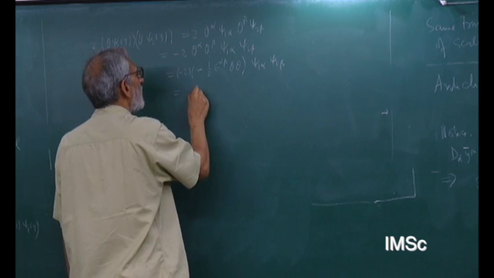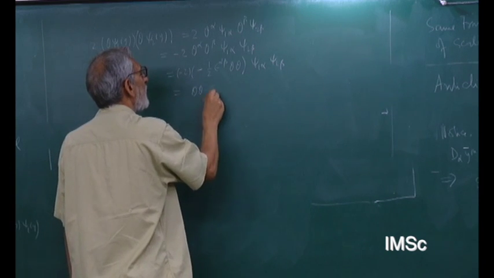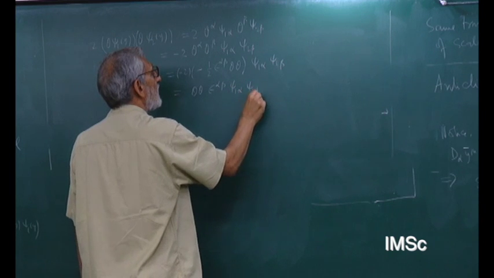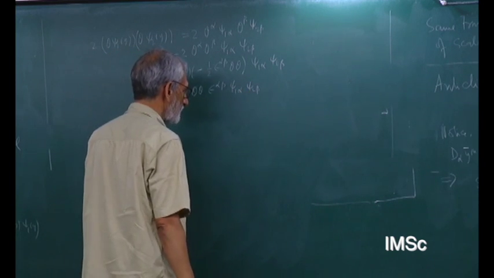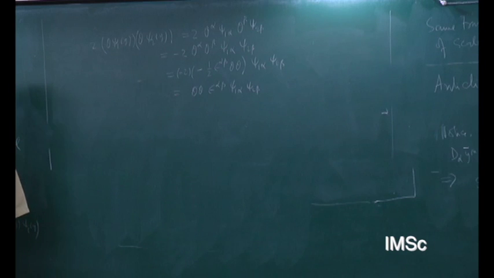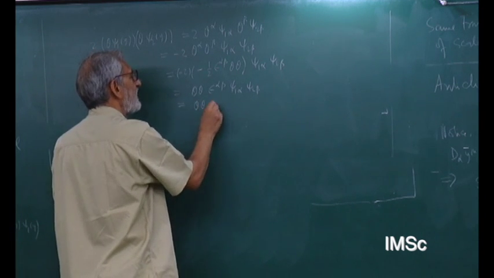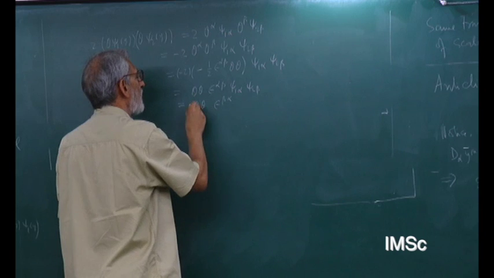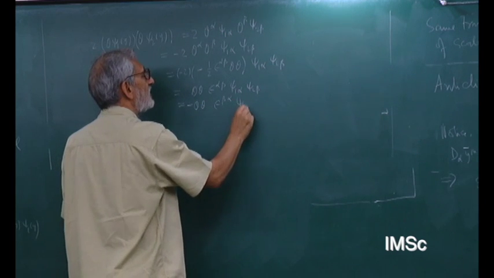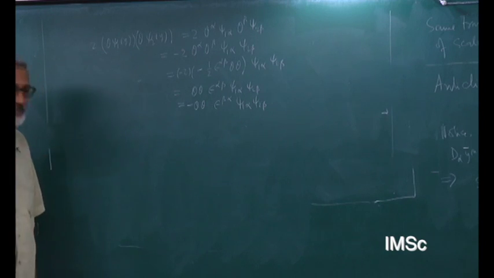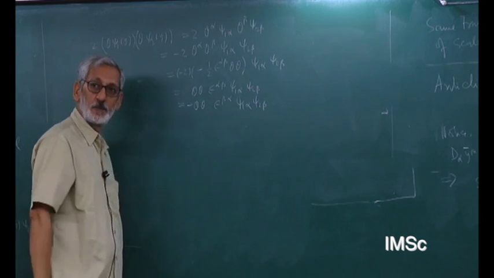So that makes it theta theta epsilon alpha beta psi 1 alpha psi 2 beta. Rewrite this as theta theta epsilon beta alpha and put a minus sign here, because you have interchanged alpha and beta.